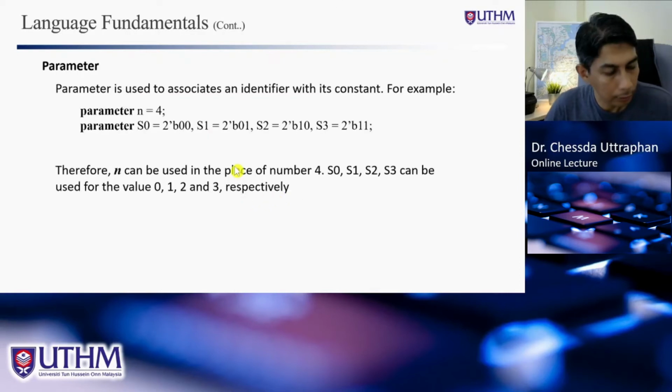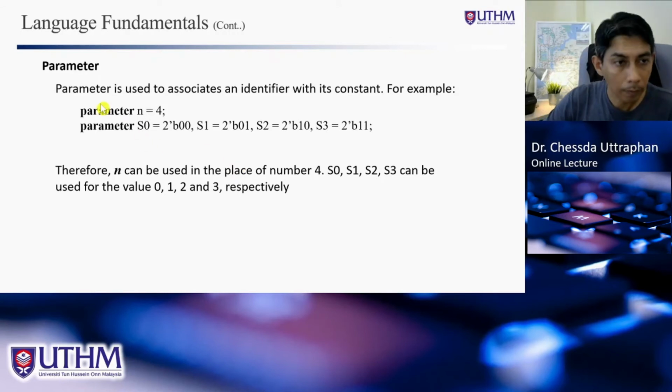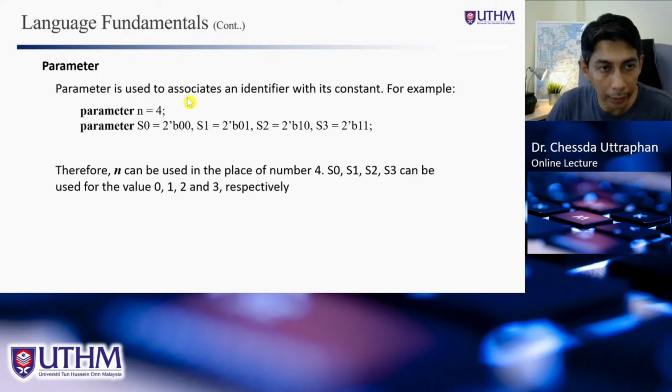Now go to the next parameter. What is a parameter? A parameter is normally used to assign what we call an identifier or constant to a number. So for example, n we assign with 4 here, parameter n equal to 4.